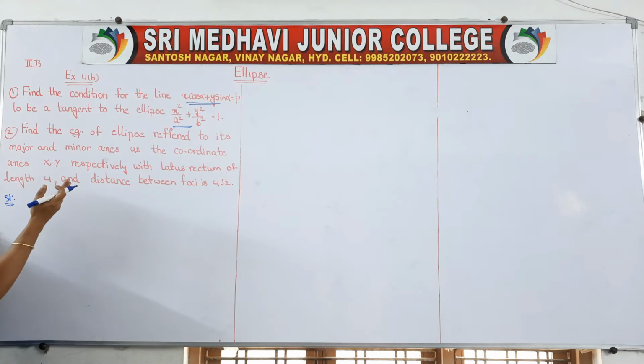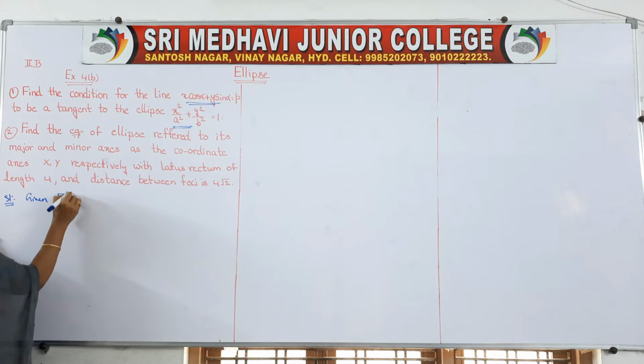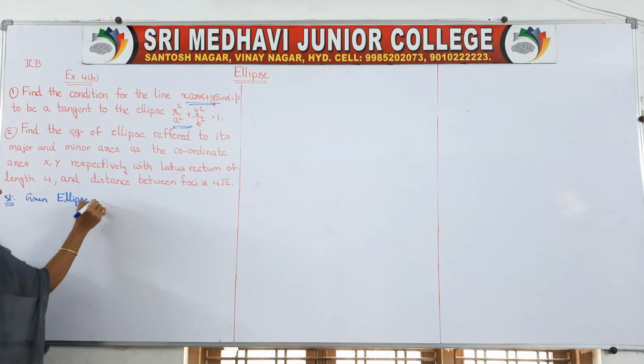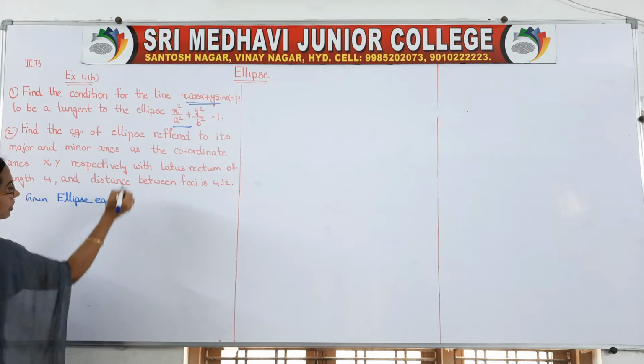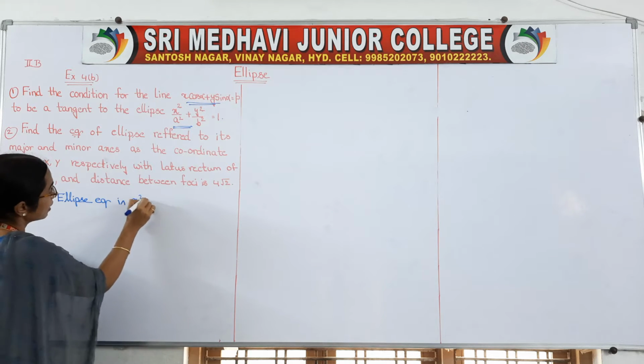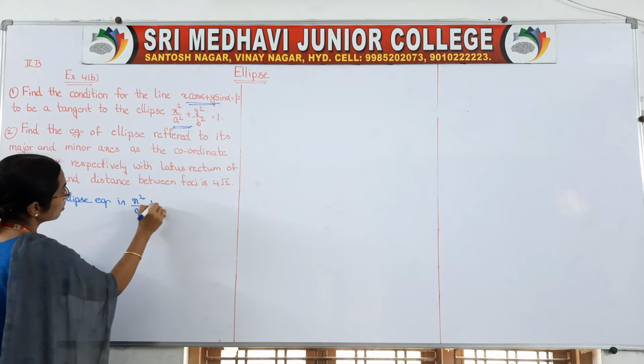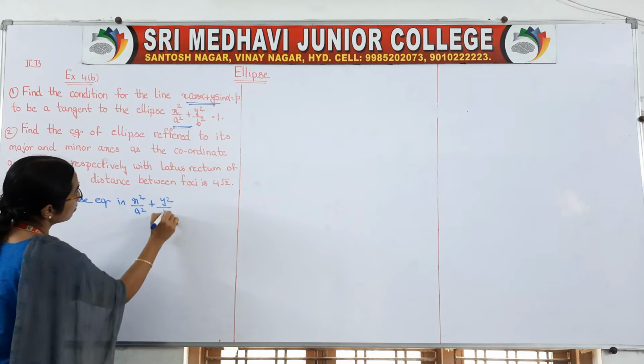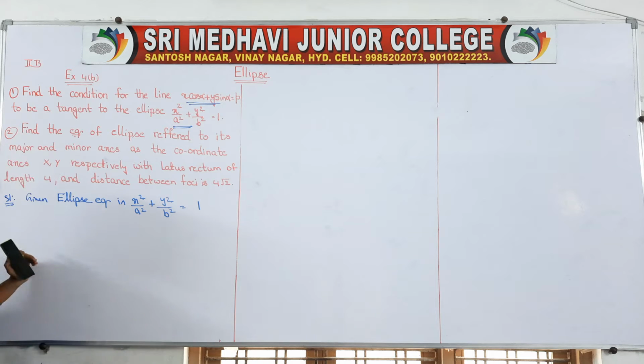So standard equation only given to us, so no need to reduce into standard form. Okay. So given ellipse equation is x square by a square plus y square by b square is equal to 1. Okay. So standard form. So now line equation is given to us.